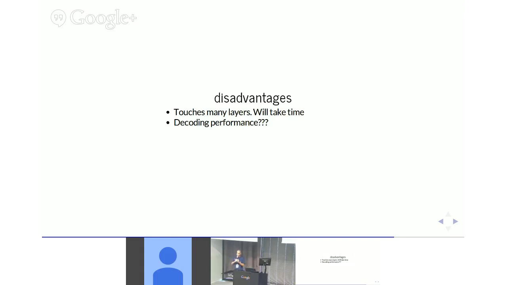So for each layer, we have to resize the thumbnail, glue in the next quality layer, and then do that again. So the more layers you have, the more time it would take to decode such a format.